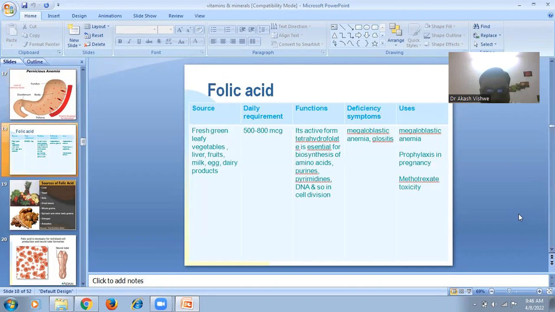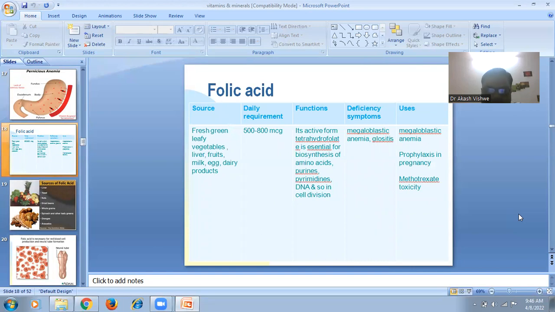Folic acid, now another vitamin. Sources of folic acid are fresh green leafy vegetables, liver, fruits, milk, egg, and dietary products. Daily requirement of folic acid is 500 to 800 mcg.